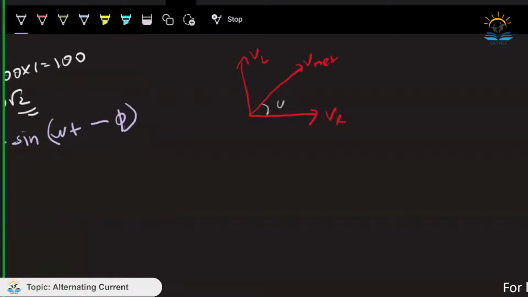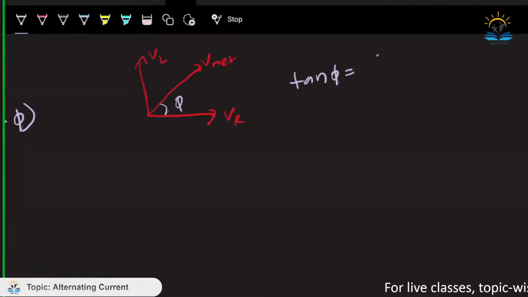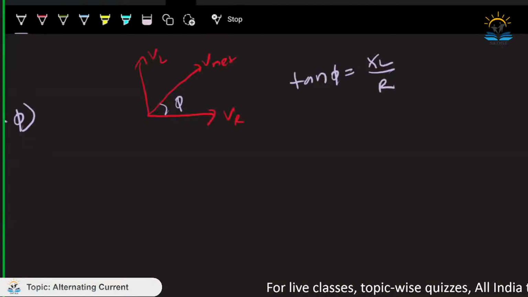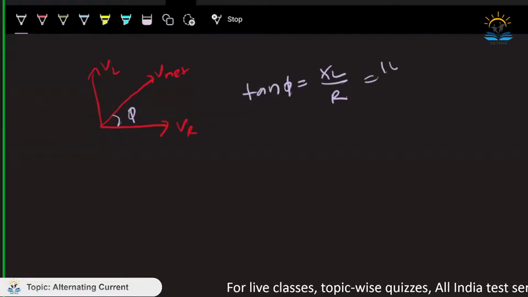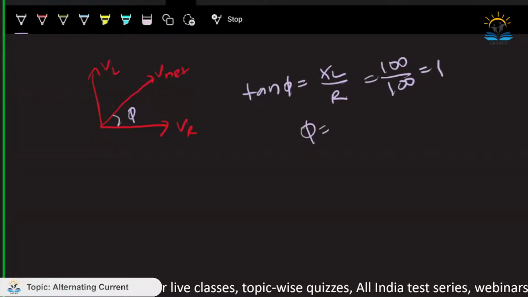So how do we get this phi? Simple. We know tan phi is VL by VR, or XL by resistance R. Here XL is 100 and resistance is also 100. So tan phi is 1, that means phi is pi by 4.